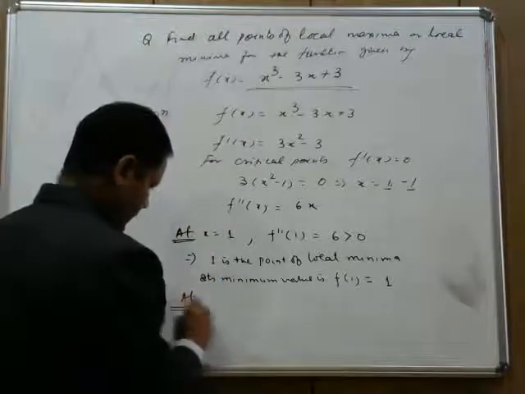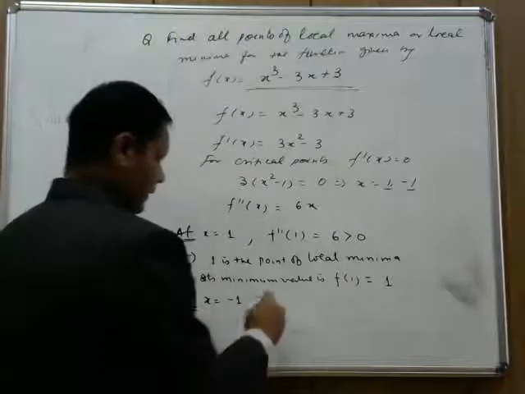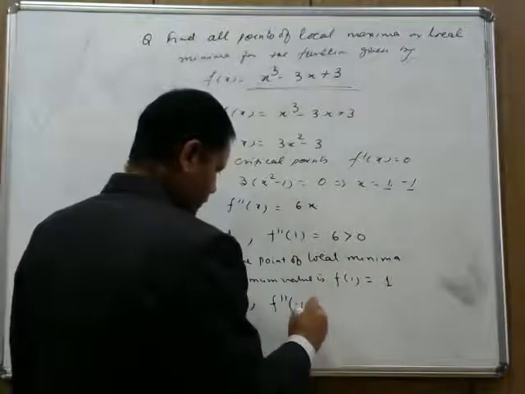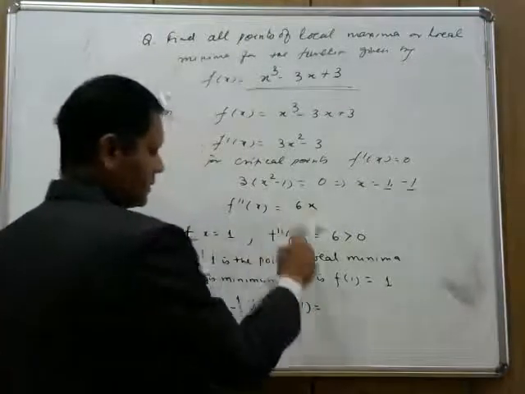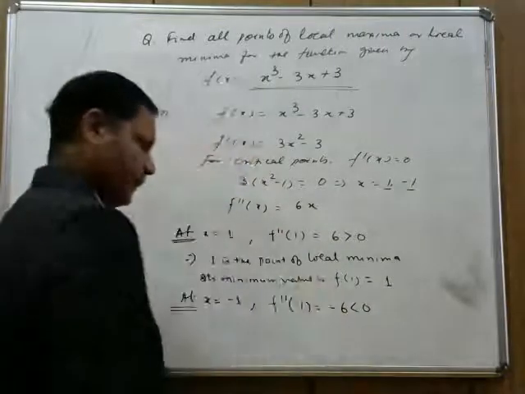Now at x is equal to minus 1, f double dash of minus 1 is equal to what? 6 into minus 1, minus 6, which is less than 0. Right?